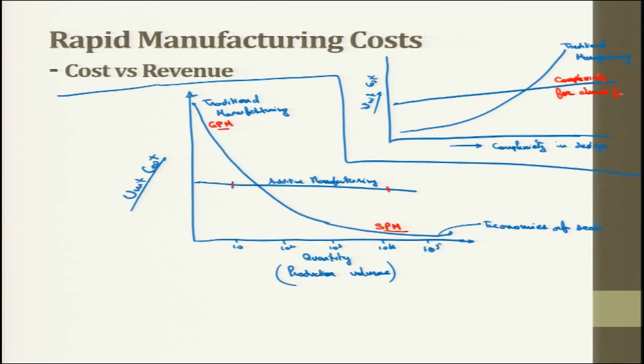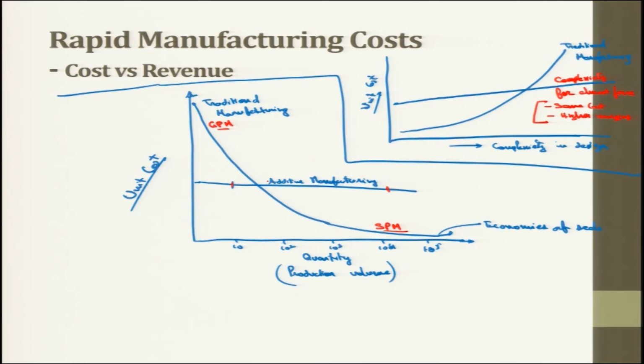So in this case the costs are almost the same, and then we have higher margins because of that, and therefore higher profits. So this is when traditional cost and additive manufacturing cost are plotted in terms of complexity.